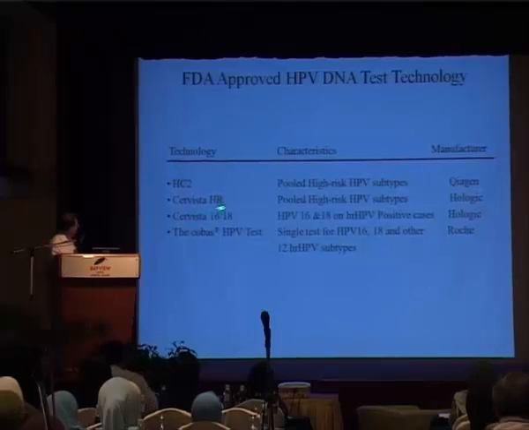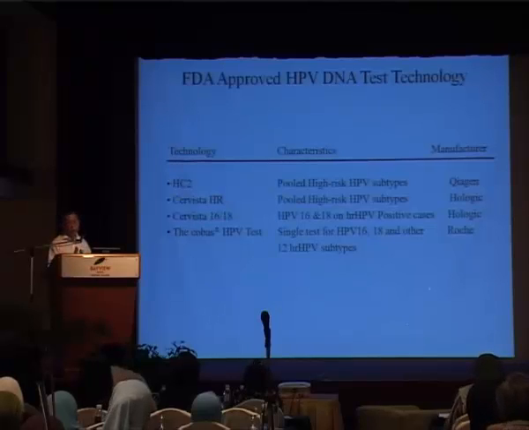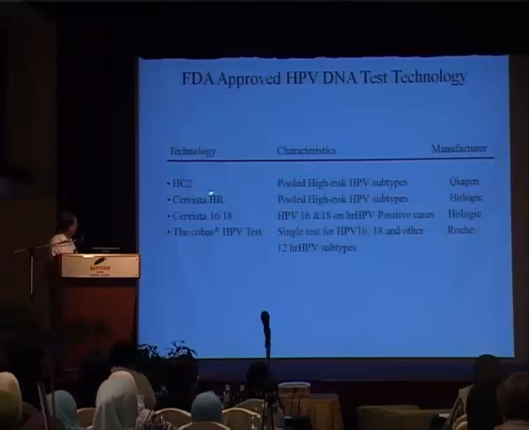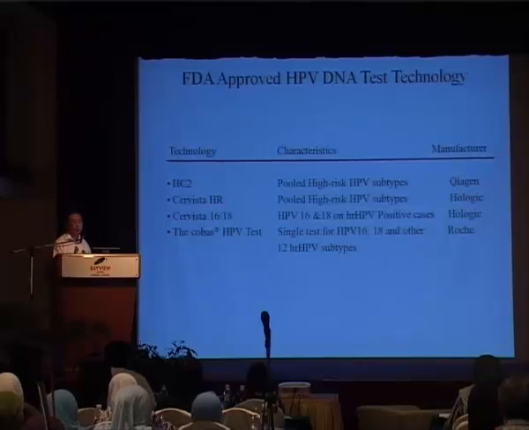But for Cervista, they have a second test called Cervista 16/18, which would be able to test for 16 or 18 subtypes. But this is approved by FDA to be tested only on the group who had previously been proven to be HR positive. That means you'll be doing 2 separate tests on the sample.